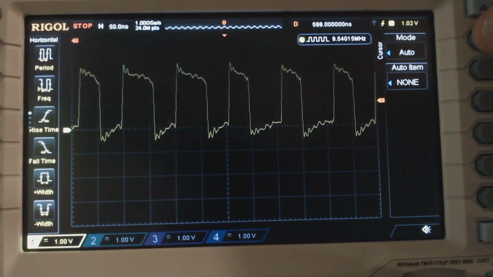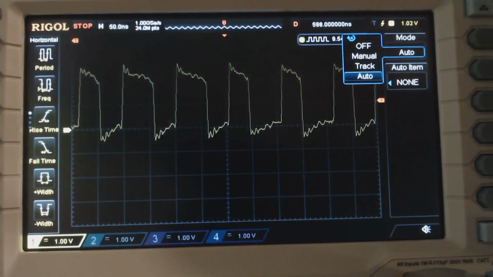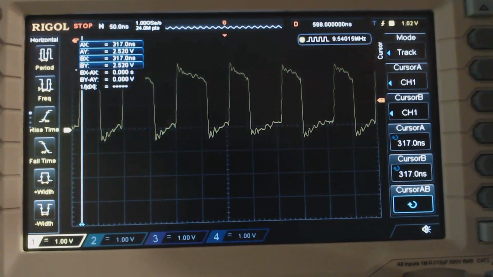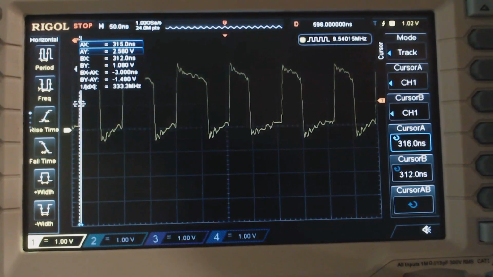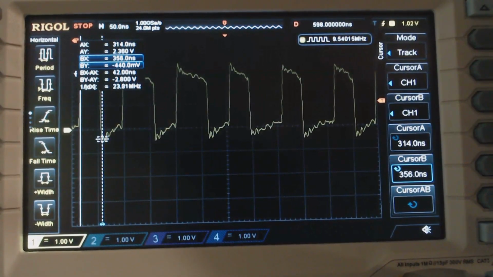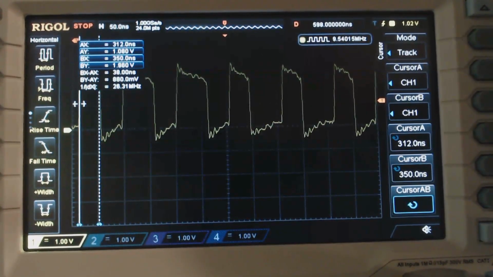I'm trying to measure the pulse width using the vertical cursors, which I'm not using very often, hence the somewhat clunky operation. The interesting part is the bx minus ax value, which is about 41.4 nanoseconds, which is coming from a 12 MHz frequency.